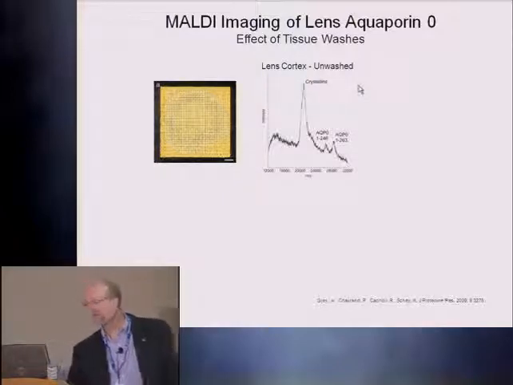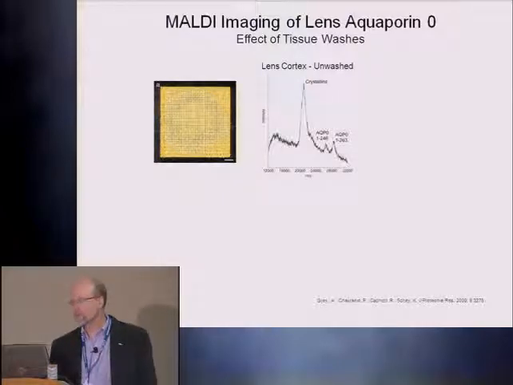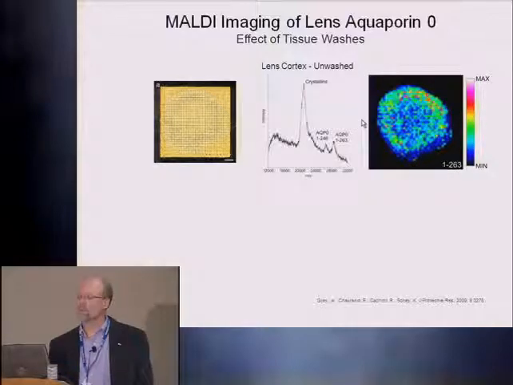If we apply this solvent matrix combination without washing, you get a very ugly MALDI mass spectrum. There's lots of crystallins present and a little bit of signal for aquaporin 0, and the resulting image is not very informative.